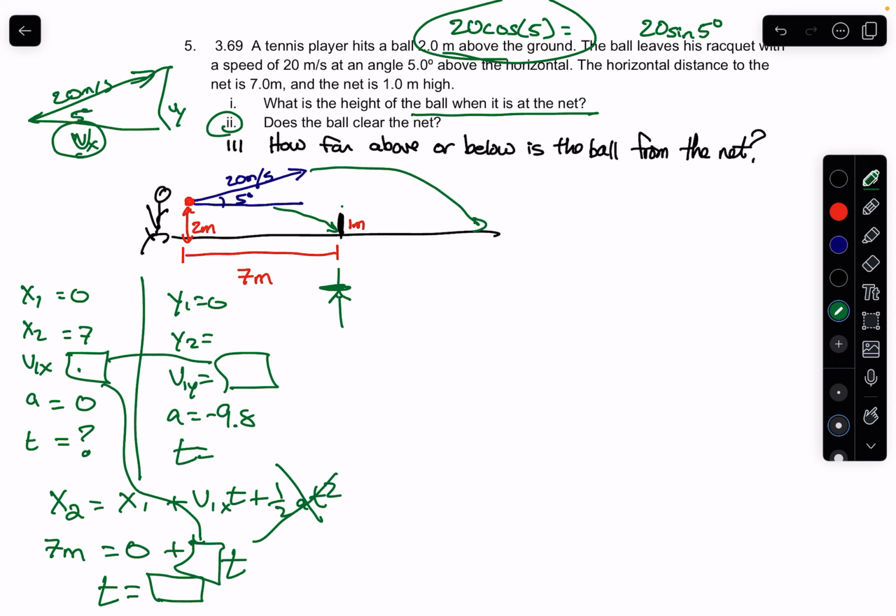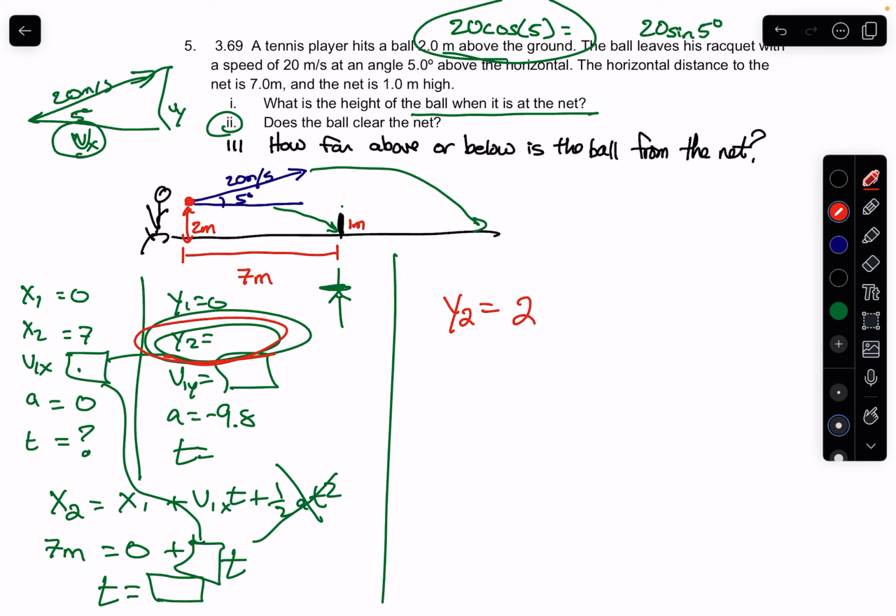Got it? Now, once you know that, we're going to utilize the same y equation, because what we're trying to find is y2. y2 is the big question we want to find. Basically, is it over 1 meter? So I'm going to say y2 equals y1. Now y1 is 2 meters. It's 2 meters above the ground, plus, now we also know from up here the v1y.